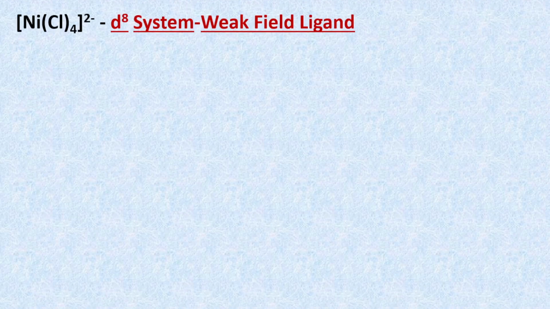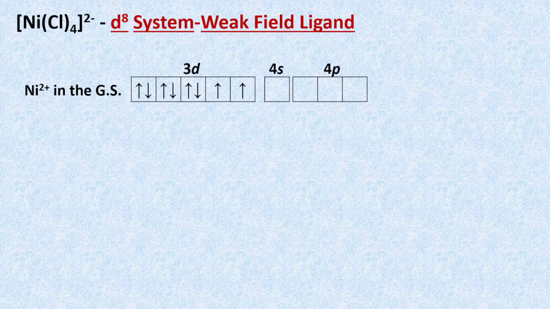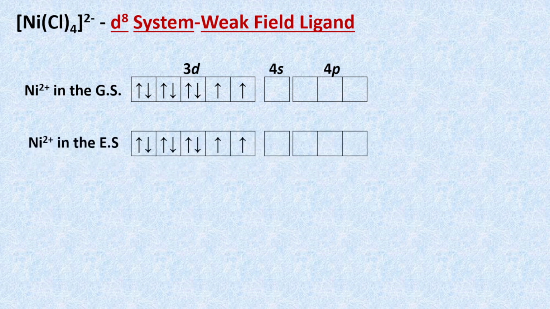Look at the first complex, tetrachloronickelate 2- ion. The atomic number of nickel is 28 and its oxidation state in this complex is +2. So the valence electronic configuration is 3d8 4s0 4p0. It has no vacant 3d orbital, while the ligands in this complex are chloride donors. So the excited state remains the same as the ground state.